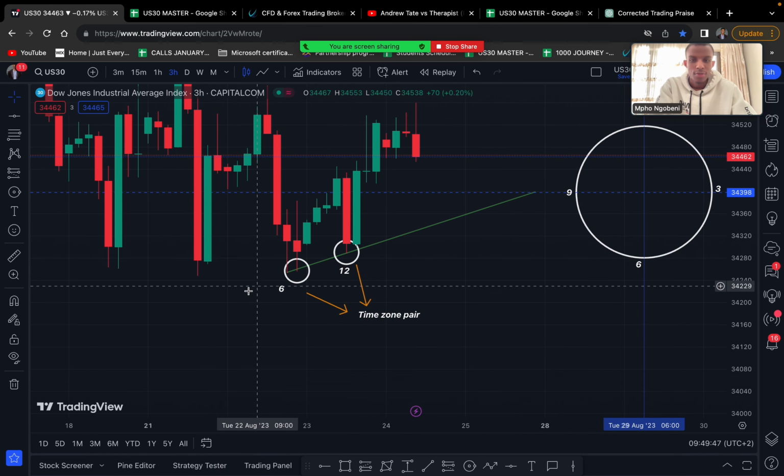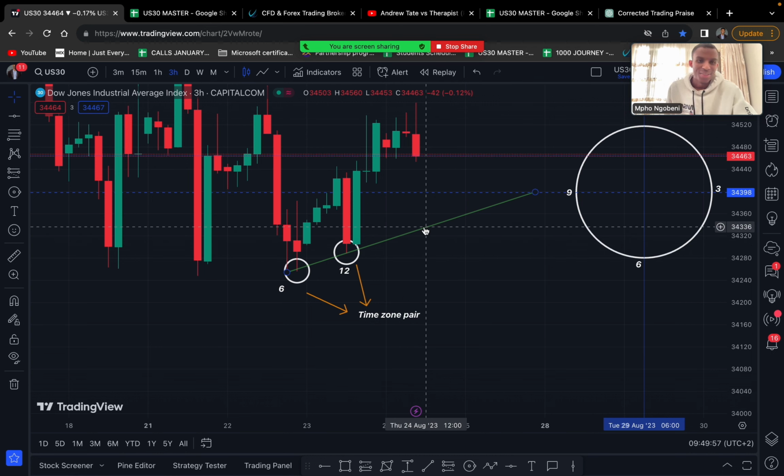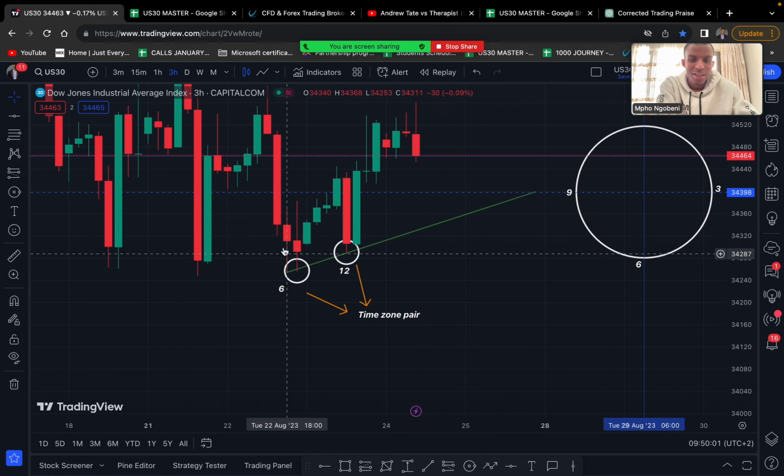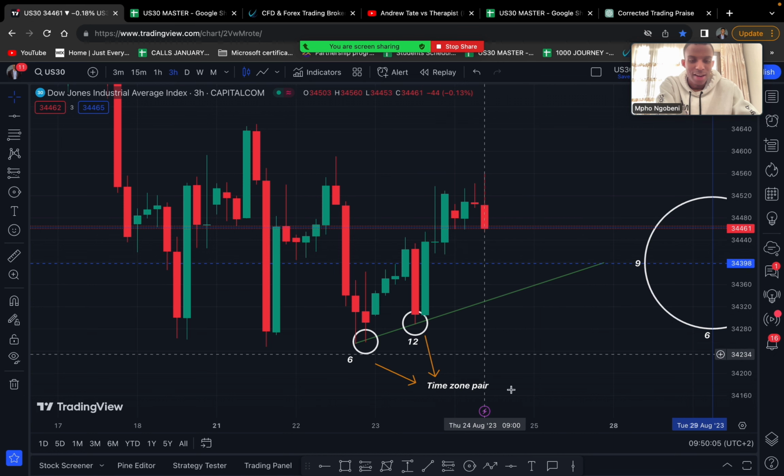So I have my 6 and my 12. So what am I expecting there? I'm expecting either 12 or 6 to be the one that comes to reject at that area, to hopefully complete the cycle of time zone pairs. So yeah, that's going to be good as a support.